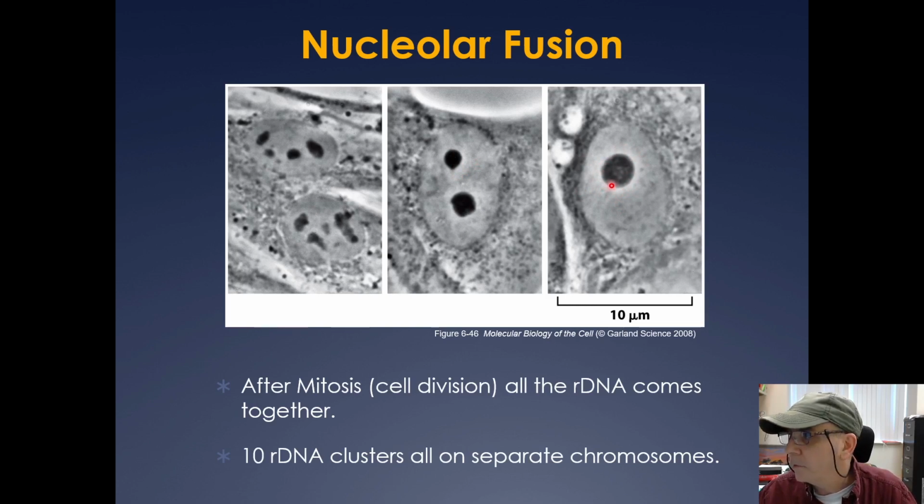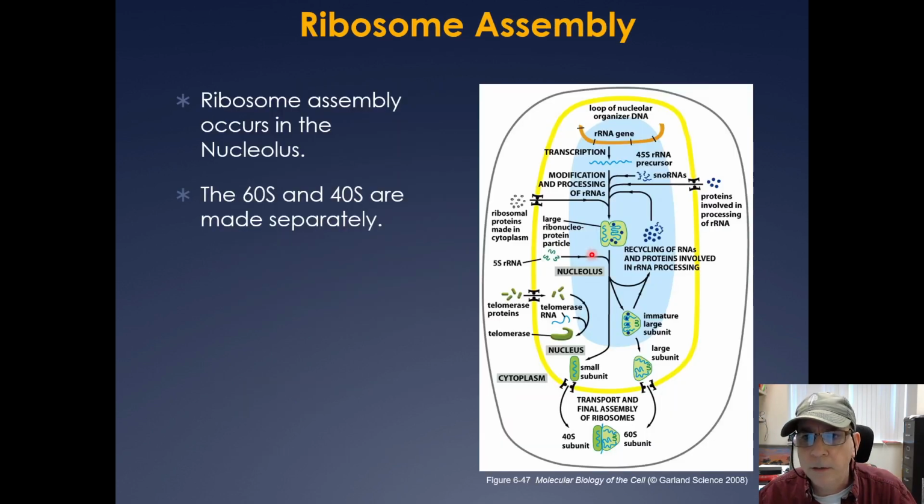The nucleolus is where the ribosomes are assembled. Here in yellow is your nucleus, and shaded blue is your nucleolus. You have transcription of the ribosomal RNA genes on the ribosomal DNA, and that creates the 45S ribosomal RNA precursor.